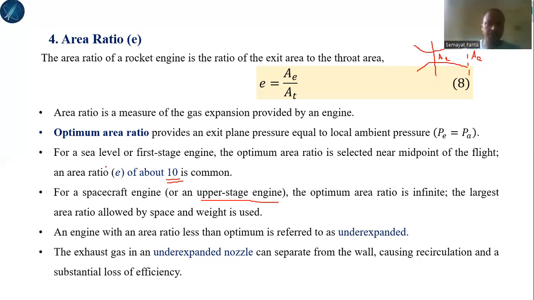So in upper stage engine, the optimum area ratio is infinite. Look, sometimes infinite optimum area ratio also comes. The largest area ratio allowed by the space and the weight is used.